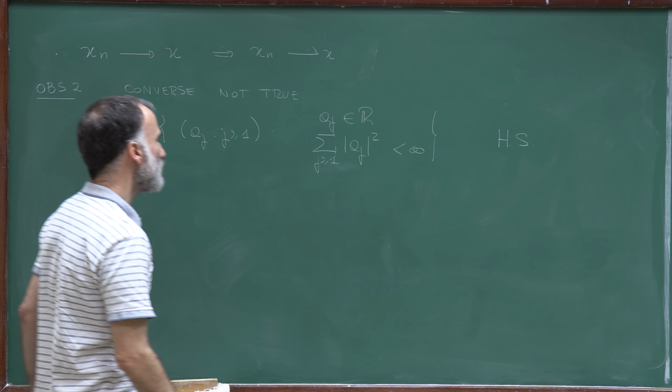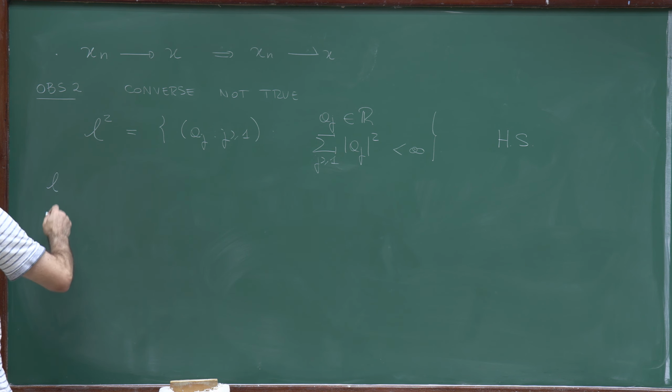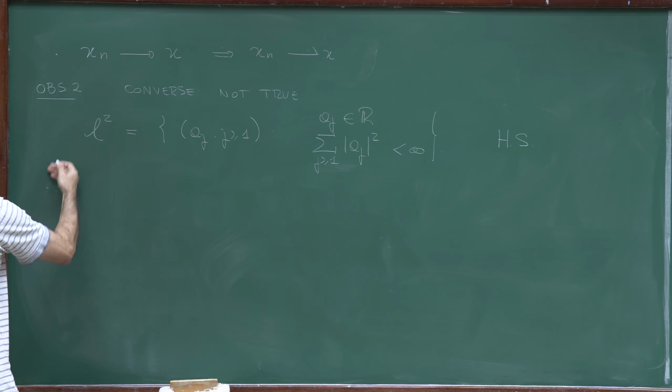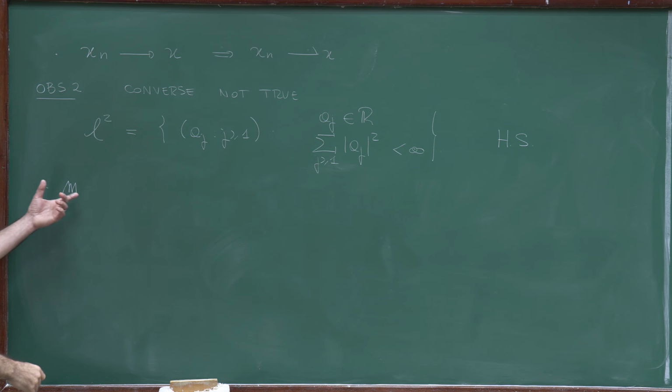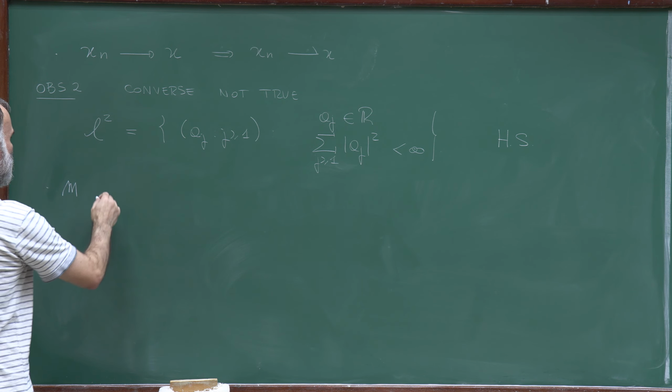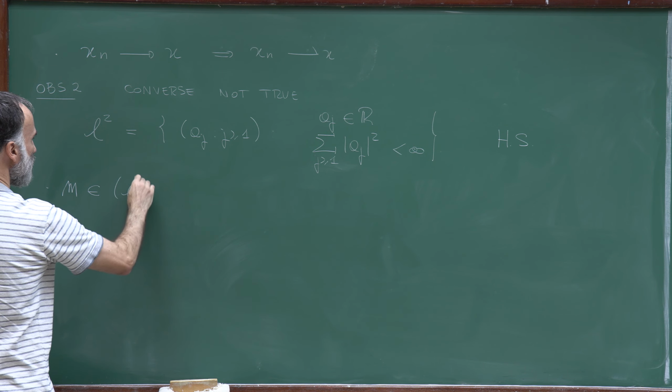And therefore, in a Hilbert space, let me take M, a bounded linear functional in L2. So this is an element of L2 prime.